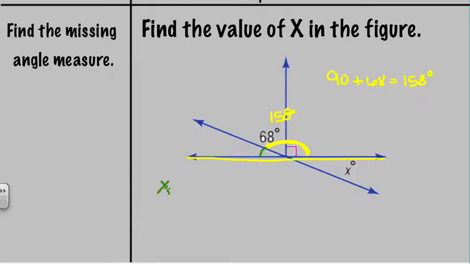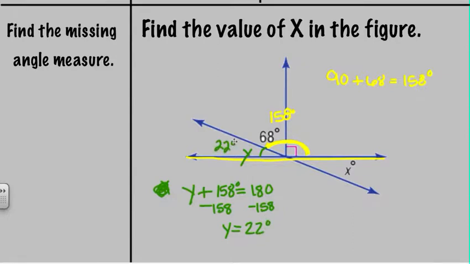X, actually we should call it a different name for right now, Y, right here, plus the 158 degrees created by these two angles equals 180. I'm going to subtract 158 from both sides. And I'll find out that Y equals, the 100s cancel out, 22 degrees.